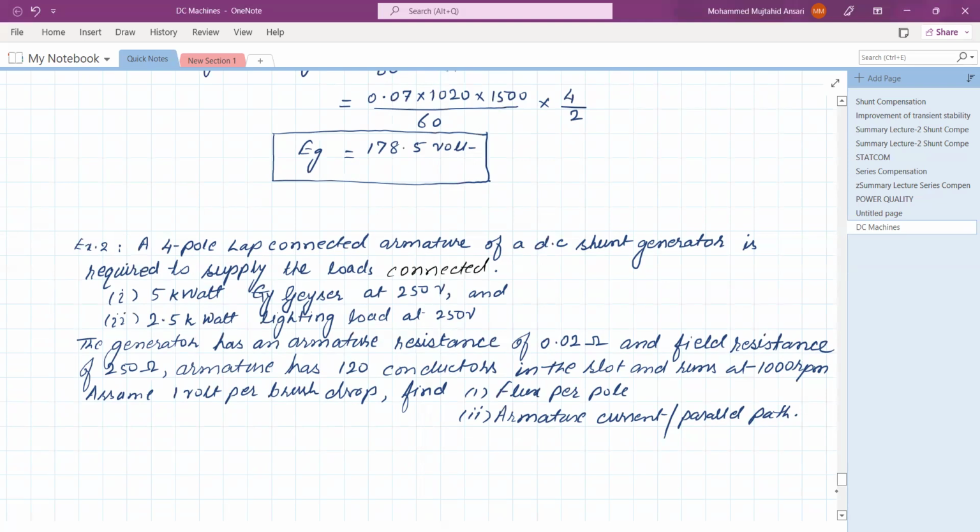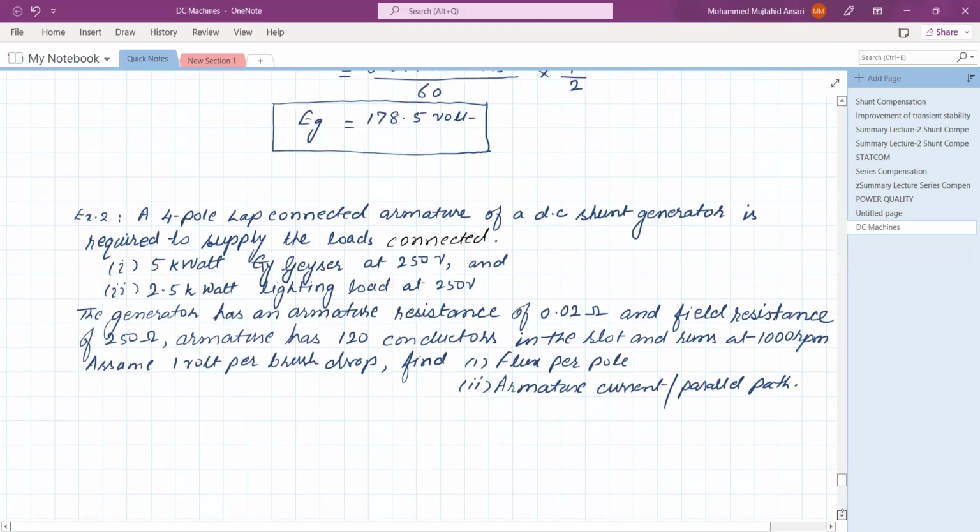The generator has an armature resistance of 0.02 ohm. The field resistance is 250 ohm and the armature has 120 conductors and runs at 1000 RPM. Assume 1 volt per brush drop. Find flux per pole and armature current per parallel path.